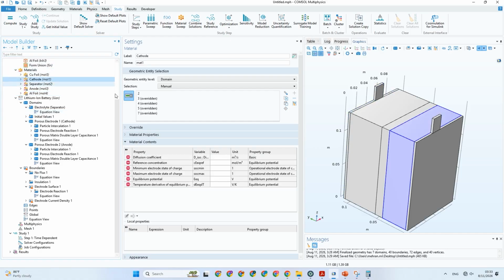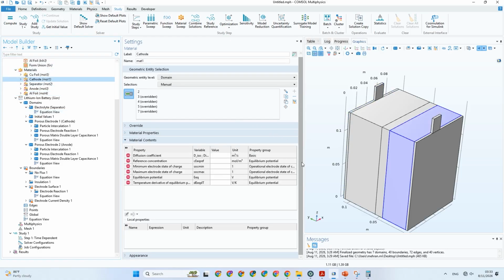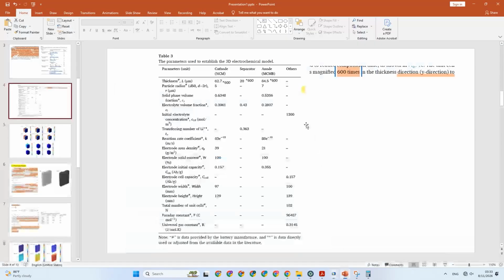Now I must add the values. For example, the diffusion coefficient for the cathode, just let me check it.